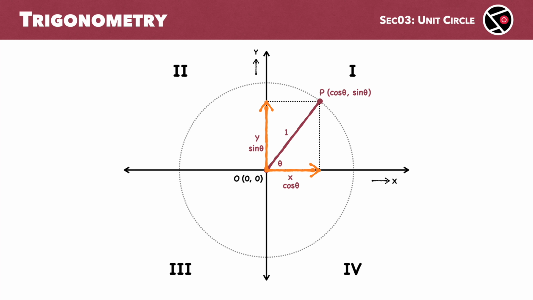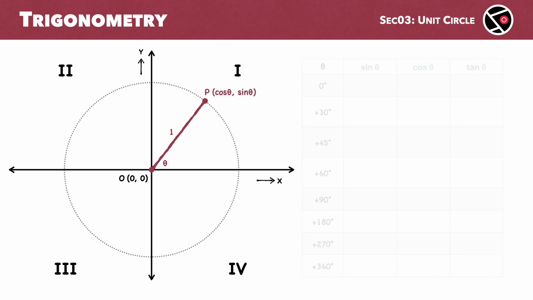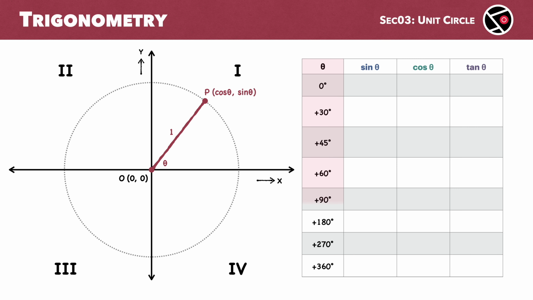For some values of theta, it is even simpler. We can use our understanding of the coordinate system and basic geometry to easily find the values of trigonometric functions. Here's a table with various values of theta. Notice that I have explicitly marked the positive theta values with a plus sign, indicating counterclockwise movement.